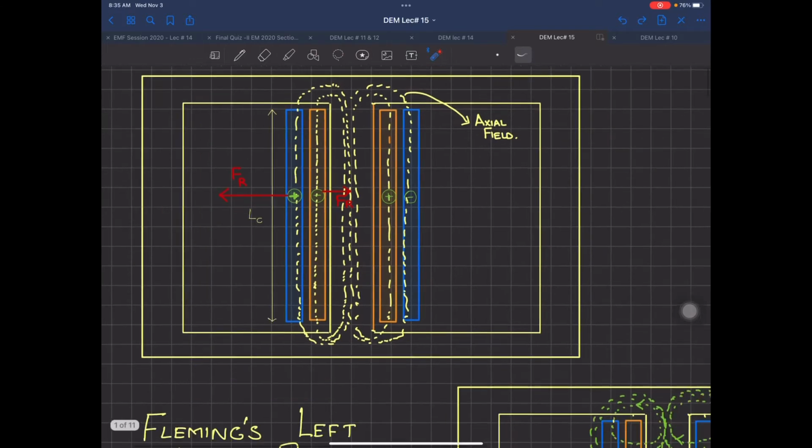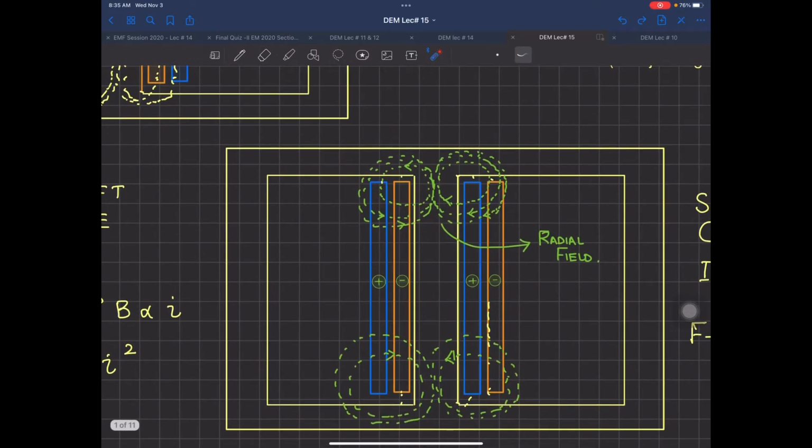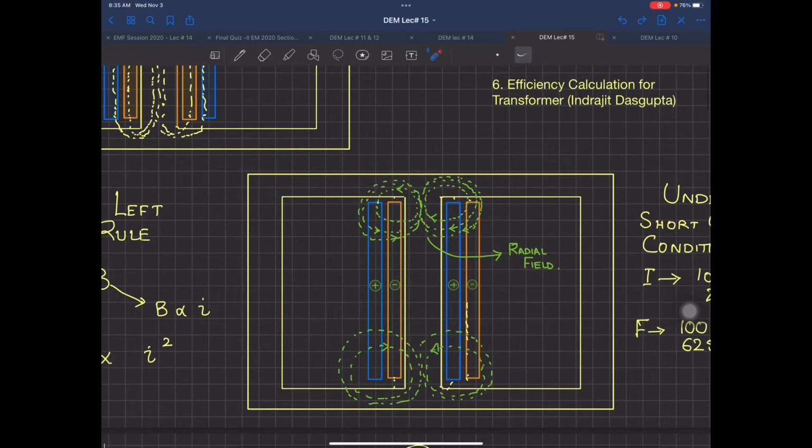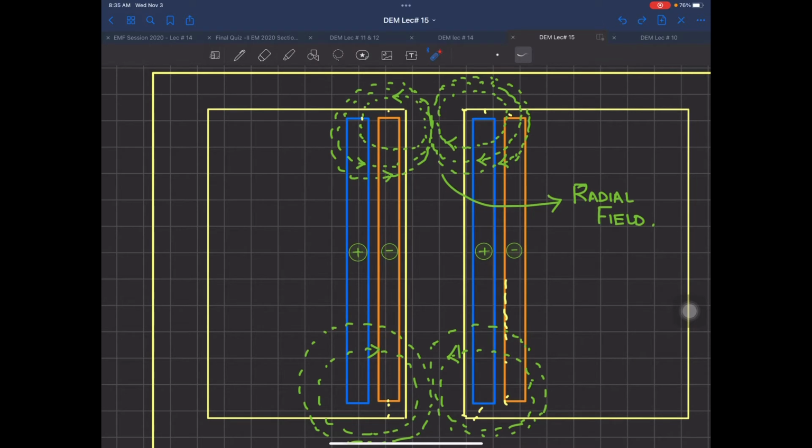Now, if I go on towards the radial field, apply the very same rule. This time, the forces which you are going to get over here, if I mark them, supposing I'm talking about this one over here, let's zoom in. B is here like this. I is coming inward over here. So if I apply the rule over here, this is positive going inward.